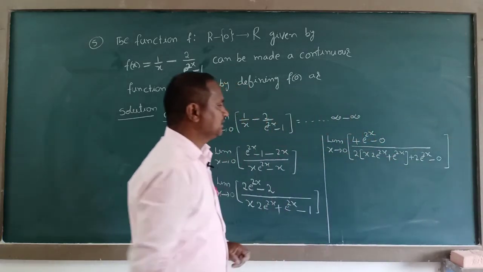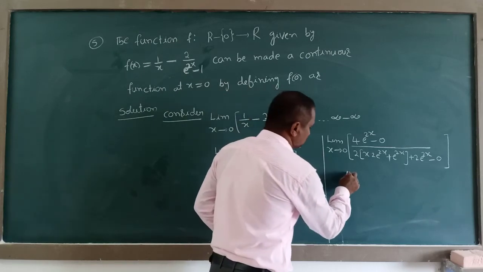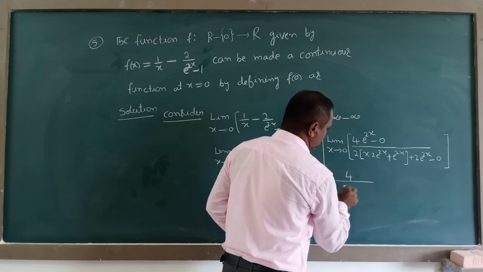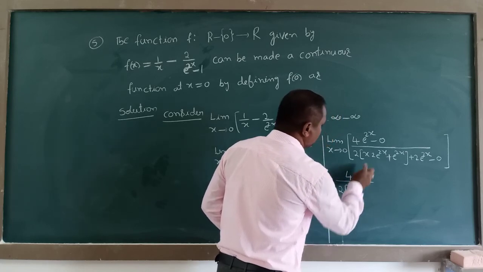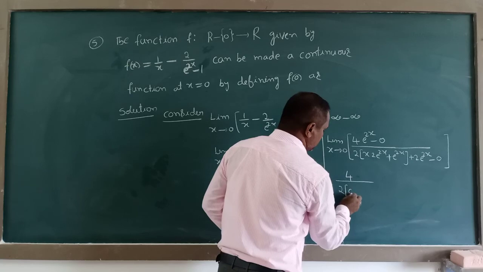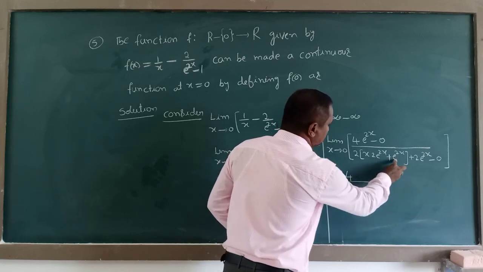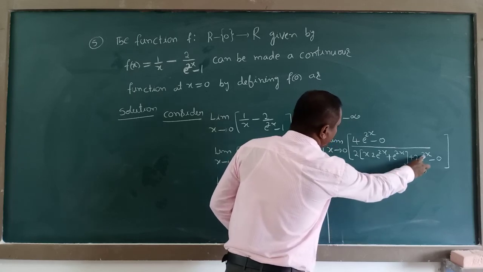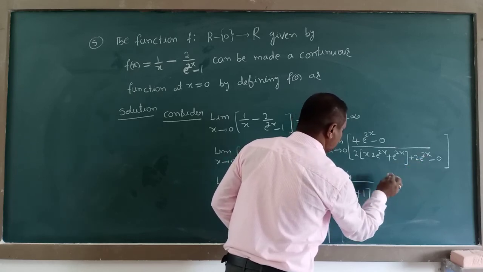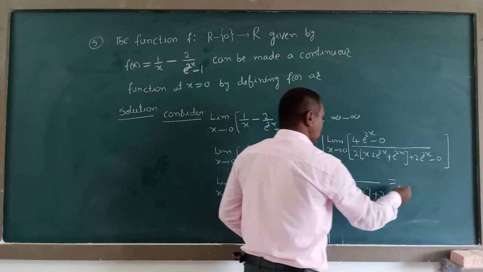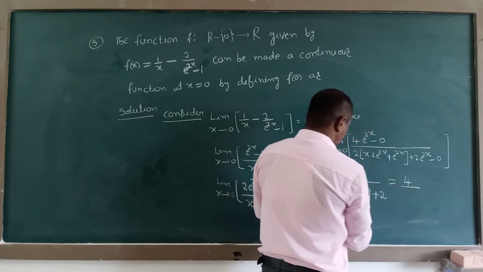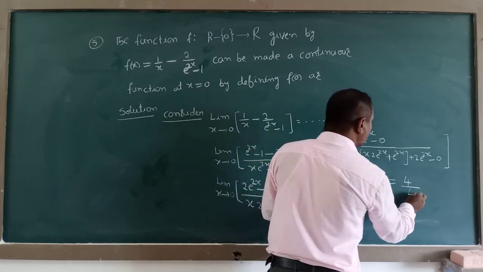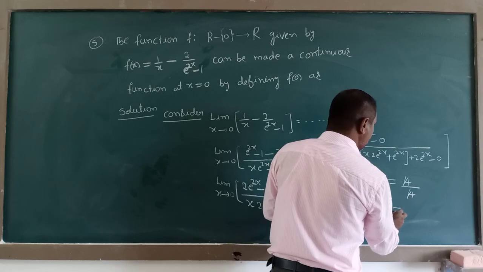Then apply 0 here. 4 e power 0 is 4. In the denominator, 2 into 0 becomes 0, e power 0 is 1, plus 1 into 2, which is 2, so 2 plus 2 is 4. On cancelling, the answer becomes 1.